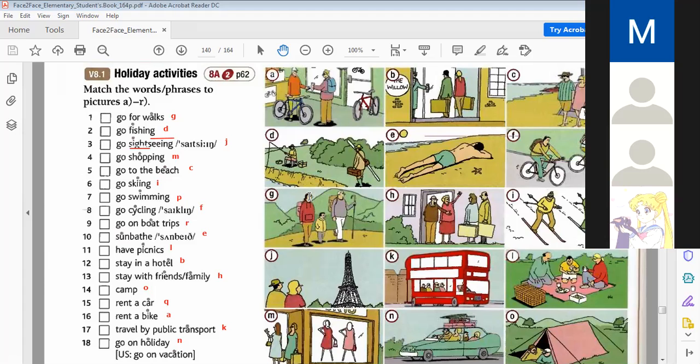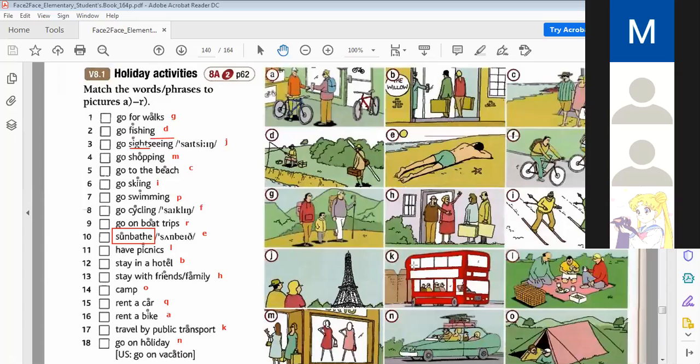Okay, so there's one word I want to talk a little bit about, the pronunciation. Here it is. Sunbathe. Of course, everybody knows the word bath, right? So we say bath and bathroom.